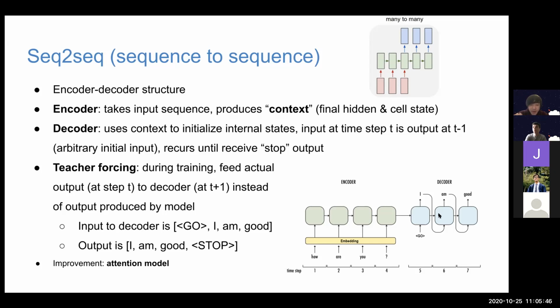So if your inputs are all word embeddings, you have to pick a start token that's not equal to any of your word embeddings, and also a stop token that's not equal to any of your word embeddings. So you basically add 2 words to your dictionary, and those are just the dummy words that signal when you start and stop. You can think of it as a different type of input in your input dictionary.